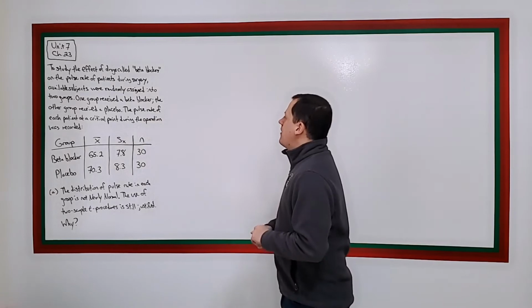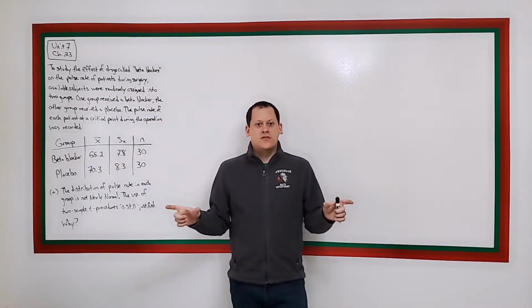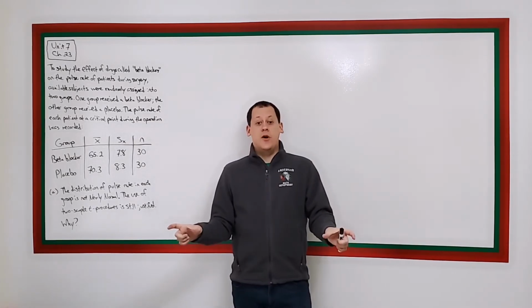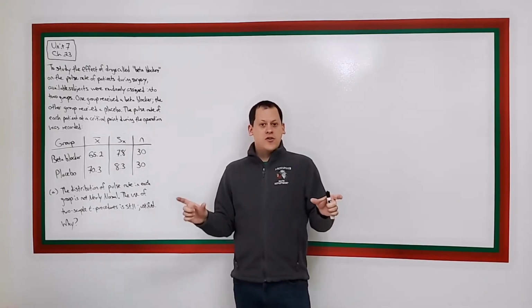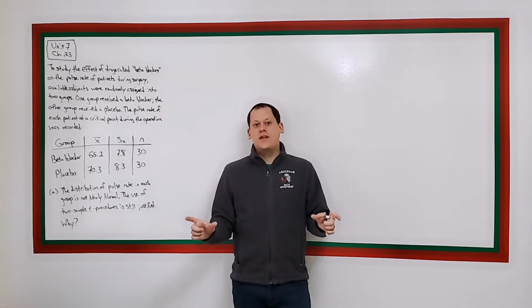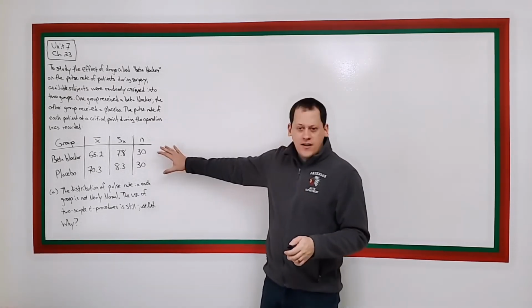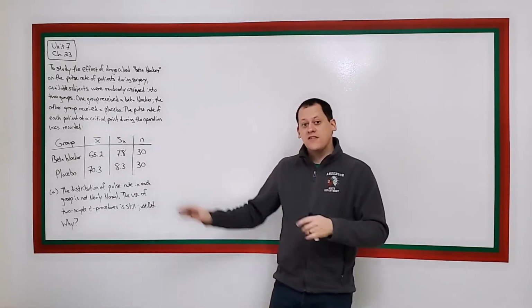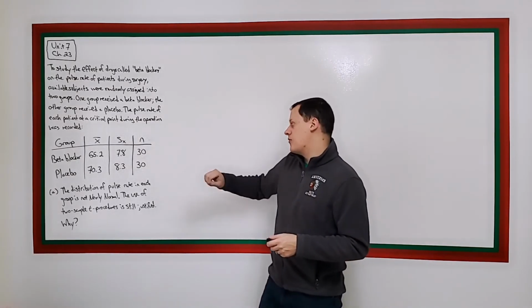So we have two groups of patients who have been randomly assigned. Some are getting this beta blocker, some are getting a placebo, and we are recording their pulse rate at a specific point during the operation. And here is the summary of that data. We don't have the raw pulse rates themselves, but this is a summarization for both groups.